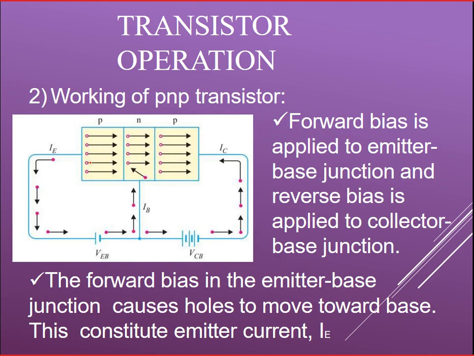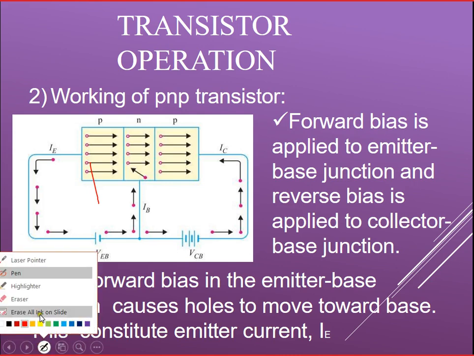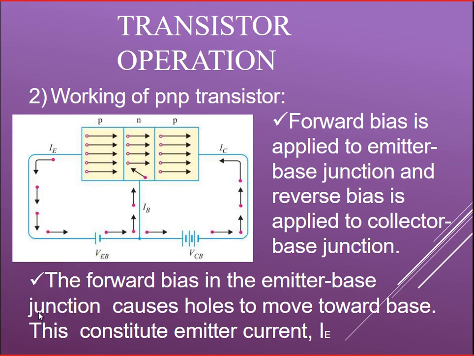Okay, and if you see here, the emitter base junction should be in forward bias. Here it is P and here it is N. Forward bias means P should be connected to positive and N should be connected to negative. So P is connected to your positive and N is connected to your negative.